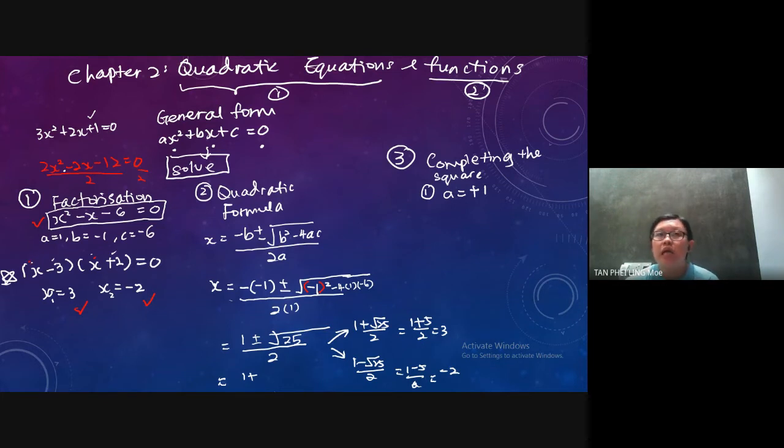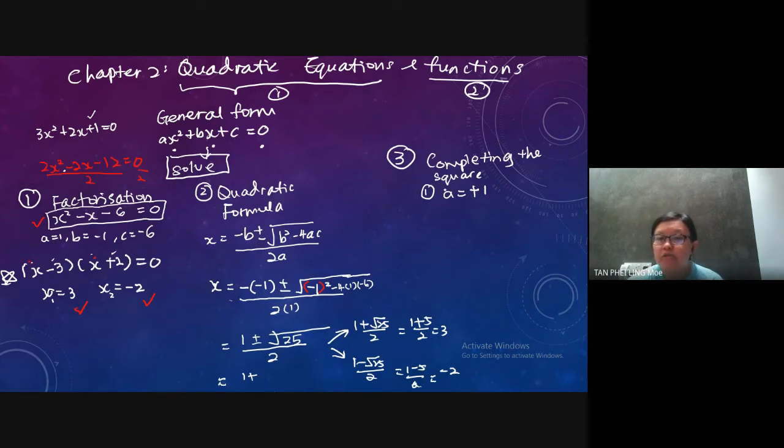You can divide by 3, or by negative 3, or by 1 over negative 1 over 3, things like that. You will do the same for the whole equation. Remember that is only applicable to equations. When you do completing the square for a function, you cannot do anything but to accept it, or you can factorize it out, then later on you have to put it back. So that is completing the square.